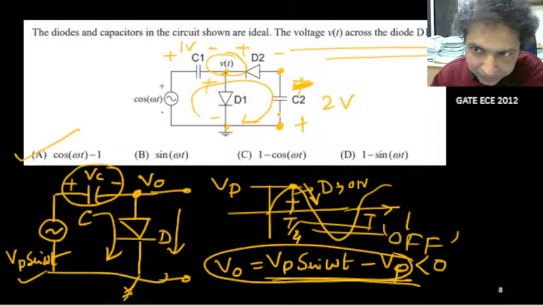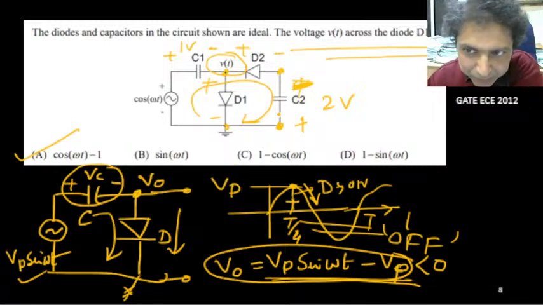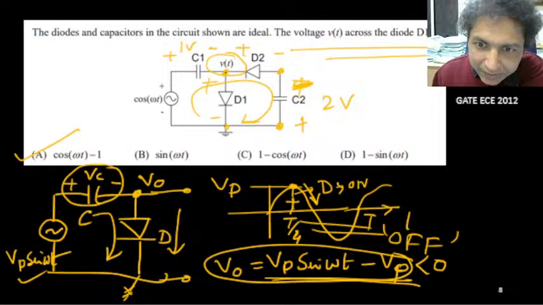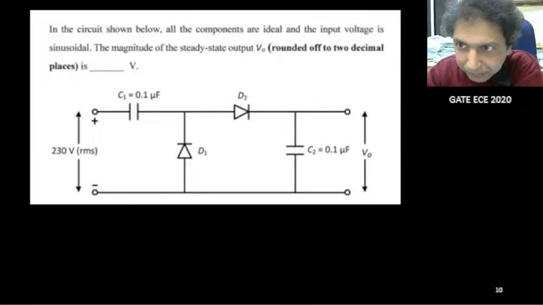Okay, that's all. And then you can see that capacitor will retain the charge and you can find out the potentials. Okay, now let us consider the next problem. Now it is similar problem.